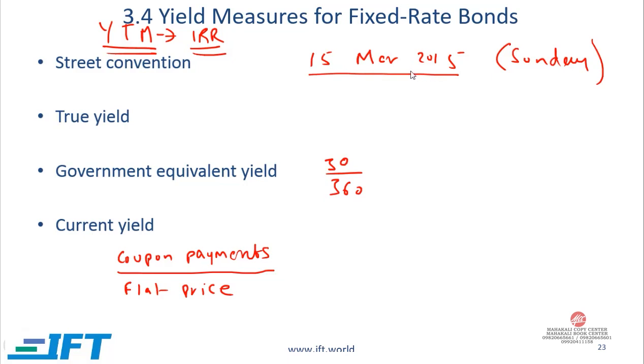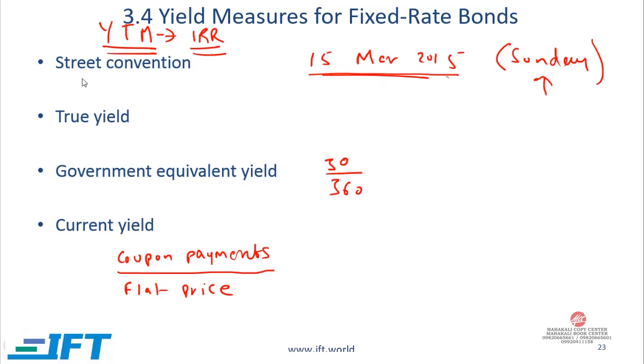But it turns out that this is a Sunday. So the coupon payment won't actually be made on this day. It will be made on the following Monday. So what convention do we use in coming up with the IRR? Do we assume that the payment is actually made on this day, or do we assume that the payment is made on Monday? Two conventions can be used.